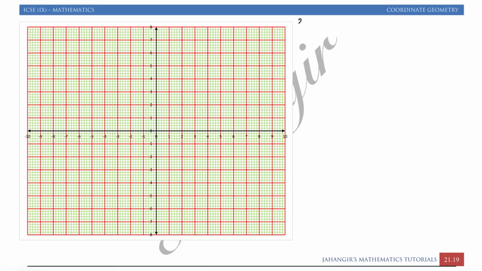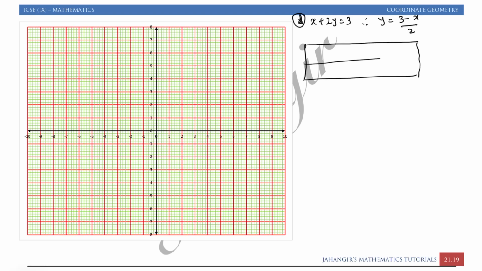First equation, question number D, was x plus 2y is equal to 3. So therefore we can write y is equal to (3 minus x) upon 2. Table, x, y.